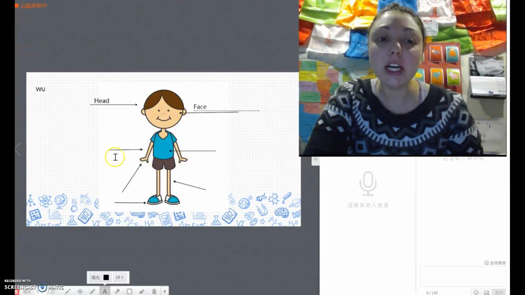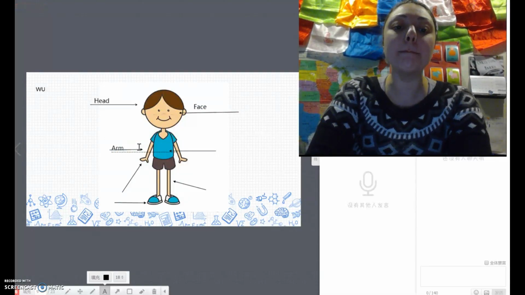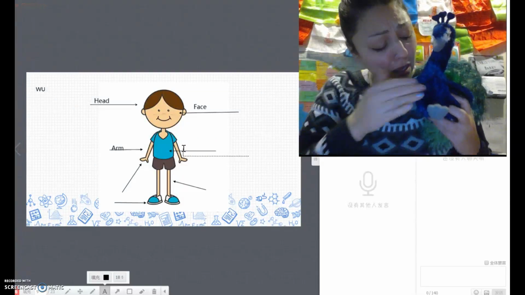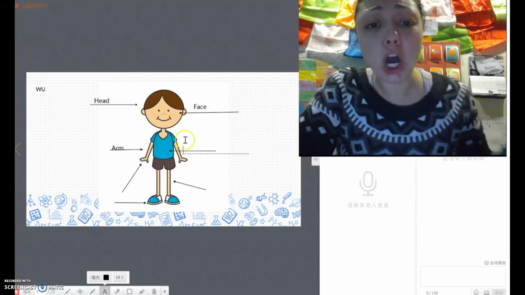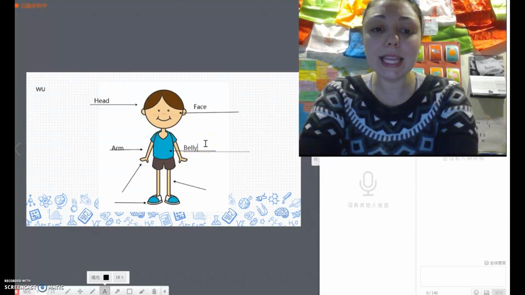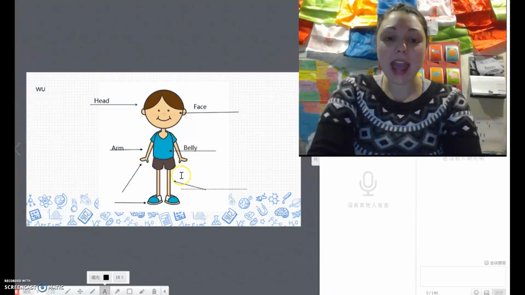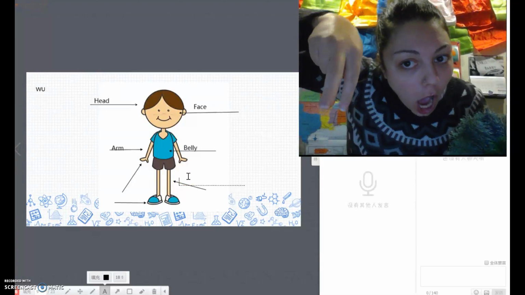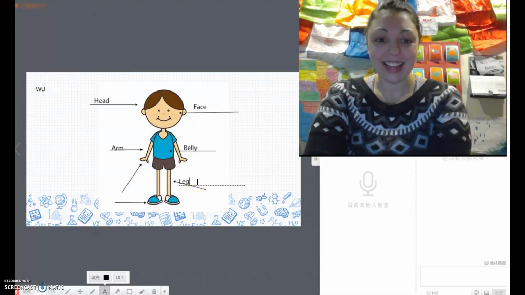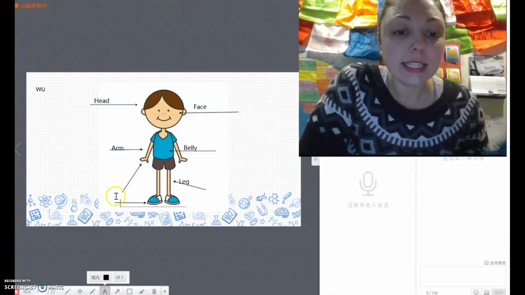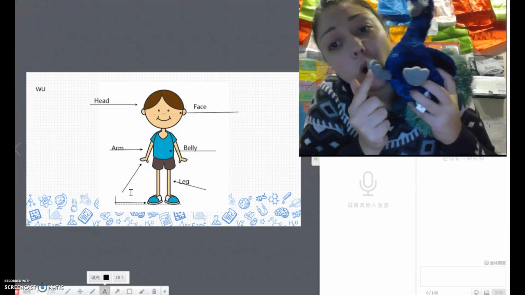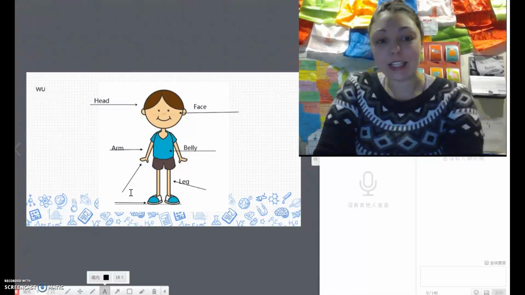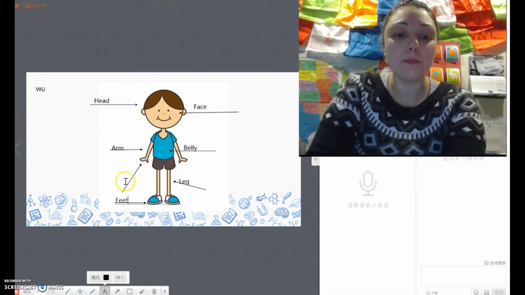Let's keep moving to our arm. Good. Arm. And we were rubbing Lily's belly. Hurt. Her belly. Yeah. And we saw Lily's leg. Good. Leg. And Lily has 2. 1, 2 feet. Good. 2 feet.